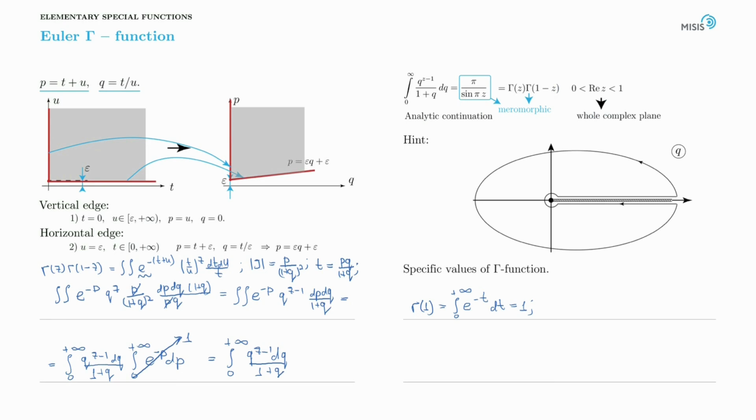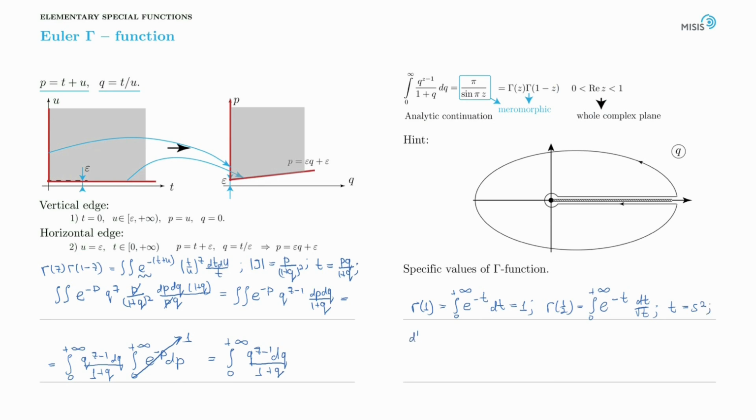And then the gamma function of 1/2, so it's a simple integral. And this integral can be taken by the simple change of variables. So let us make this change. T is equal to s squared.